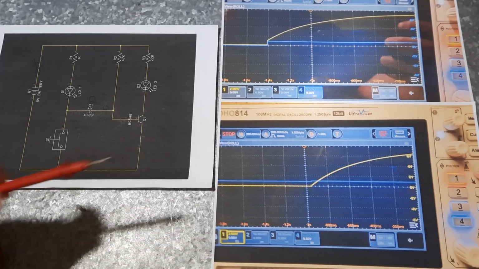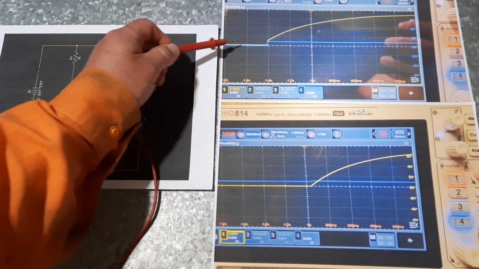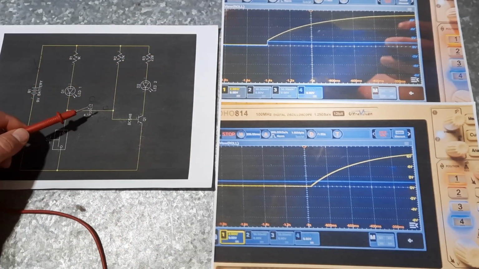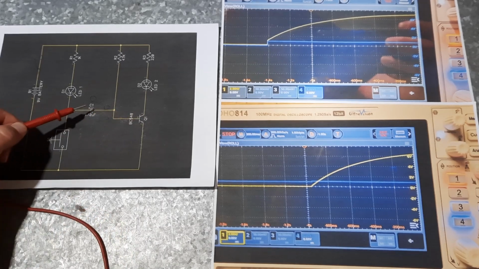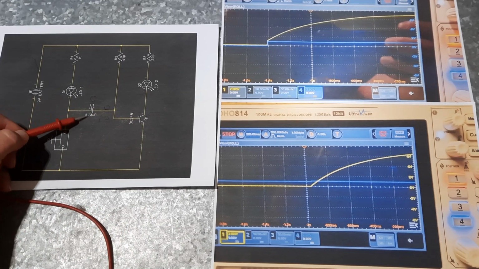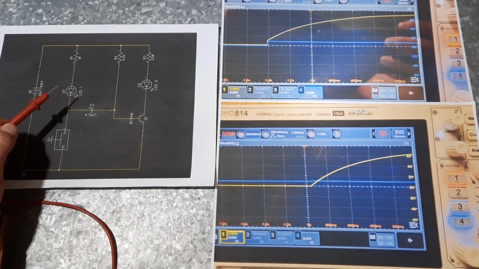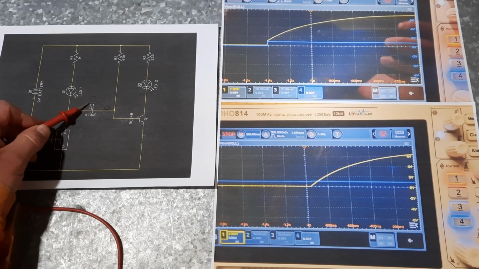So why do we get this upshoot here? Once again, this yellow trace is always going to be reading 0.7, or whatever this volt drop is, above the charge in the capacitor. When we very first power this up, this cap has 0 charge in it.